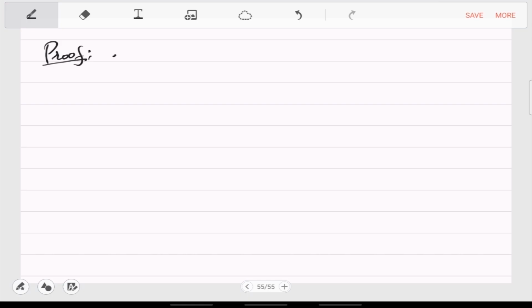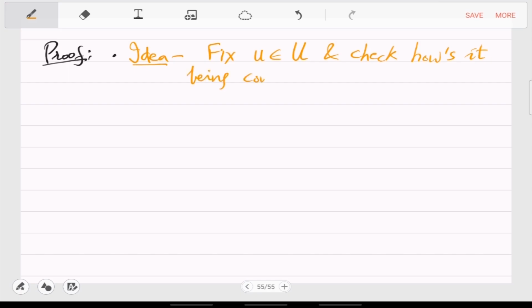So the idea is we consider the count of, you pick an element from the universe and see whether it is being counted correctly. So fix an element small u from the universe and check how it is being counted in the right hand side.